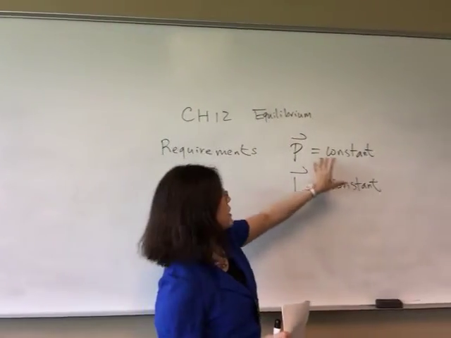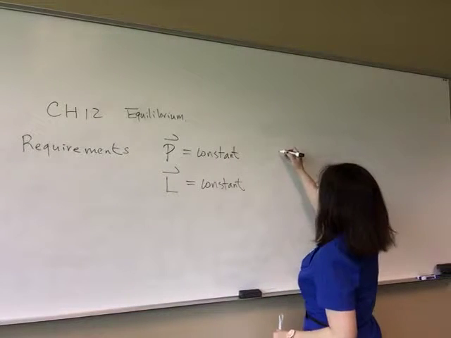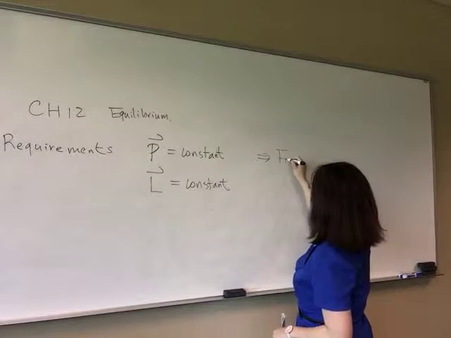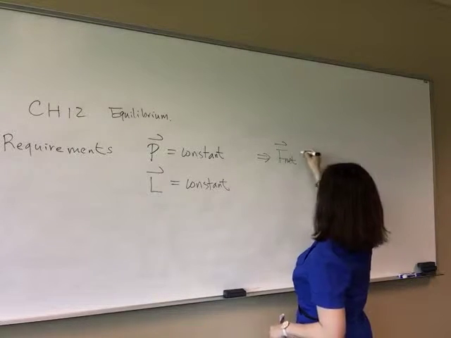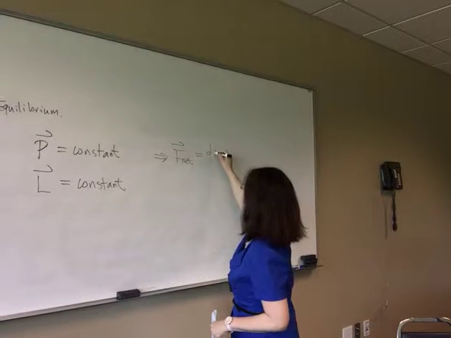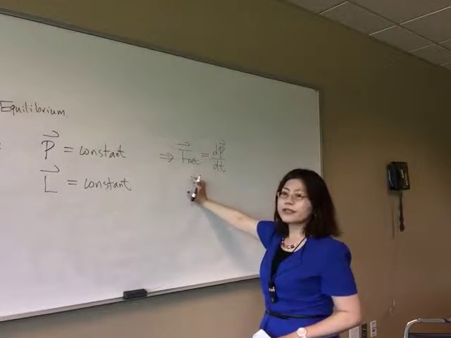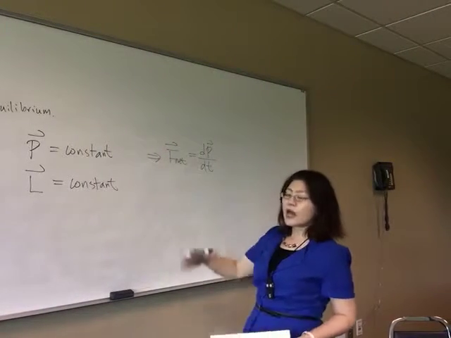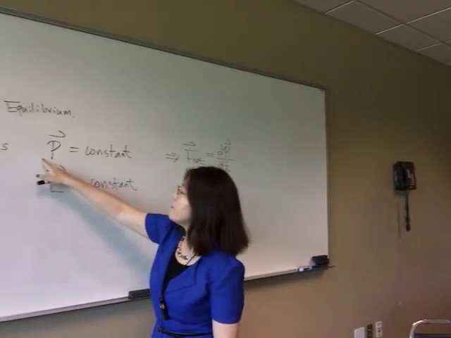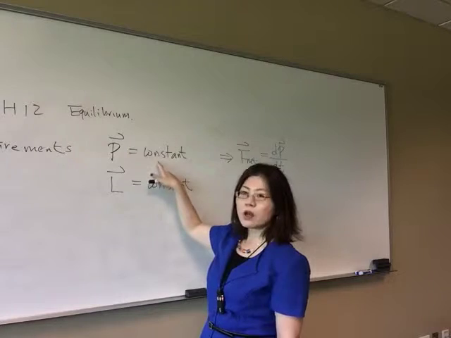Linear momentum has to be a constant, and if you recall from Newton's second law, the net force acting on the object is basically equal to the time rate of change of linear momentum. So it's dp/dt, okay? So this is from Newton's second law. Now, for an object to be in equilibrium, it means that linear momentum has to be a constant.